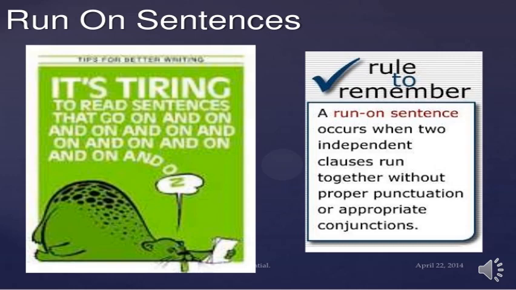Let's move to the second type of sentences, which are called run-on sentences. What's meant by a run-on sentence? A run-on sentence occurs when two independent clauses run together without punctuation or appropriate conjunctions.